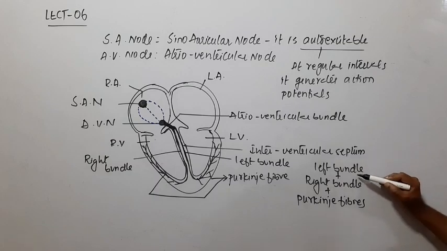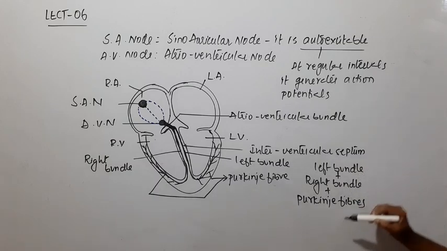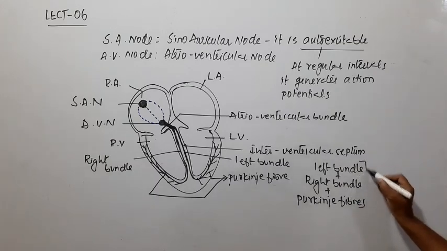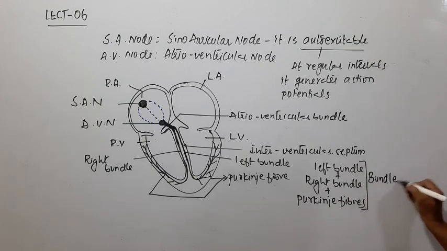Here the left bundle plus the right bundle and the Purkinje fibers all together will result in the formation of something called the bundle of His.